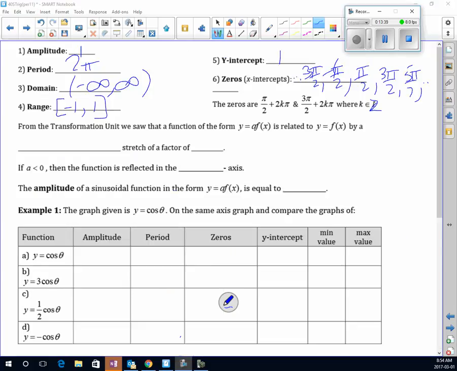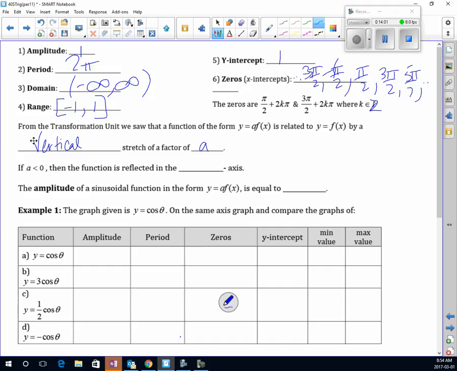So in the transformation unit, we saw the form y equals a f of x related to y equals f of x by a what stretch factor of what? A vertical stretch factor of a.